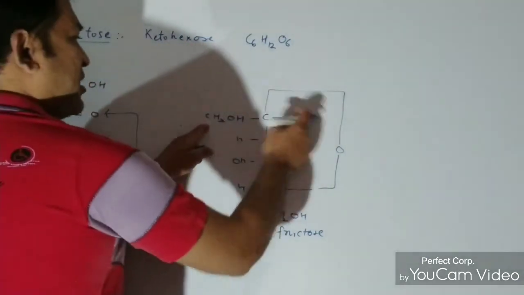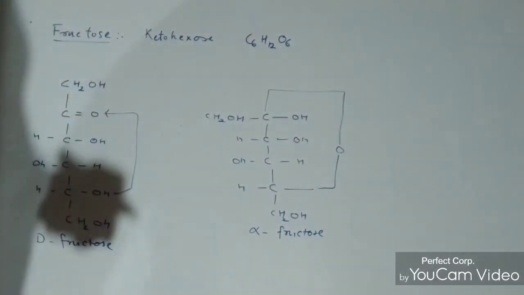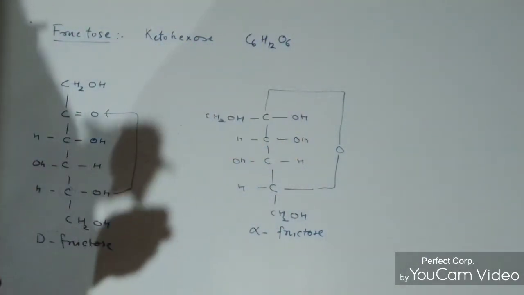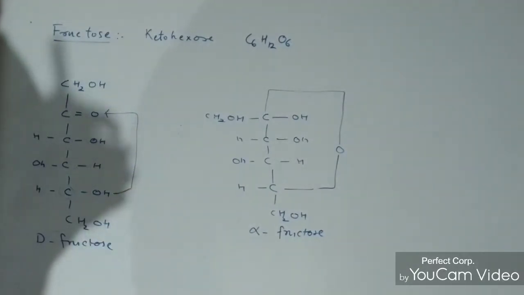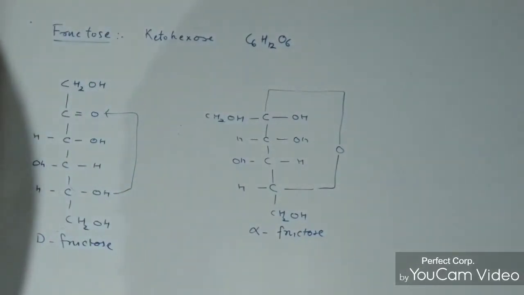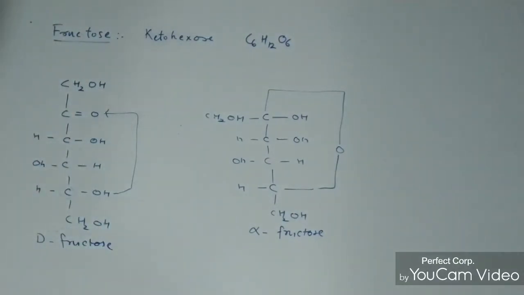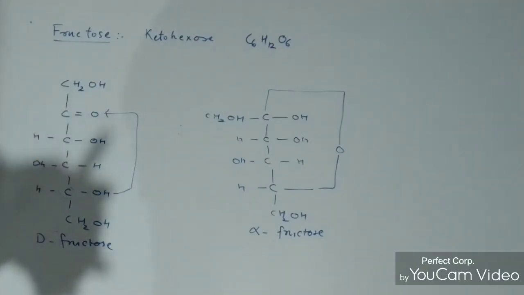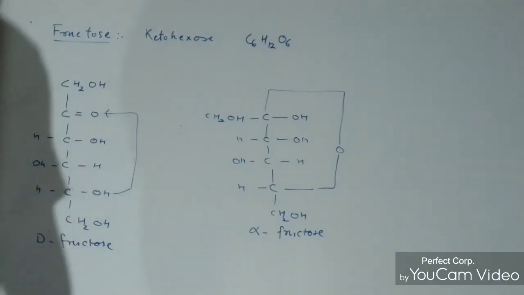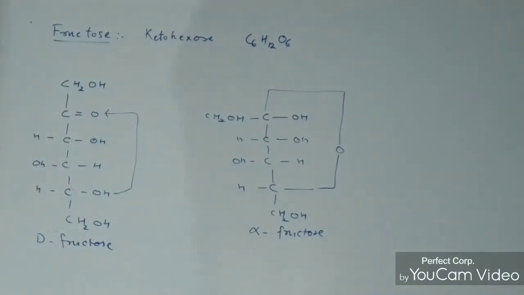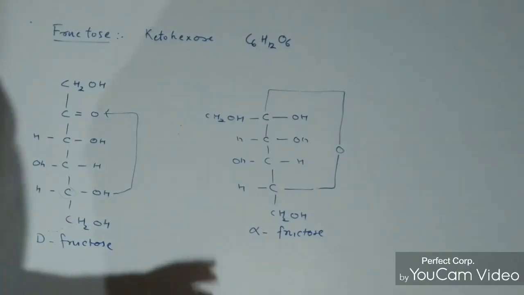Now in this structure, if OH is on the left side, then it would be the beta structure. So here also we are getting how the sugar is in cyclic structure. So if OH is on the right side, it is known as alpha fructose, and its name is fructofuranose.